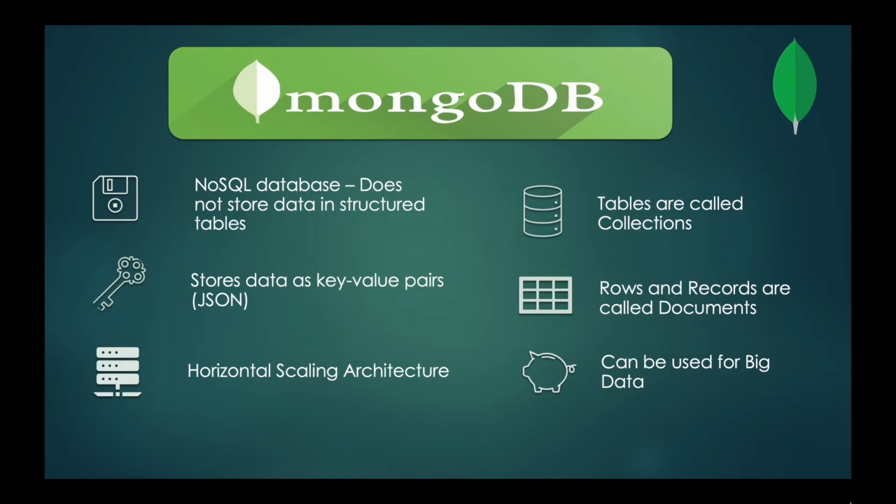So tables in relational databases are called collections in MongoDB. Rows and records are called documents in MongoDB. It also accepts data in any form, any data type, and any volume, which makes it very good for big data.